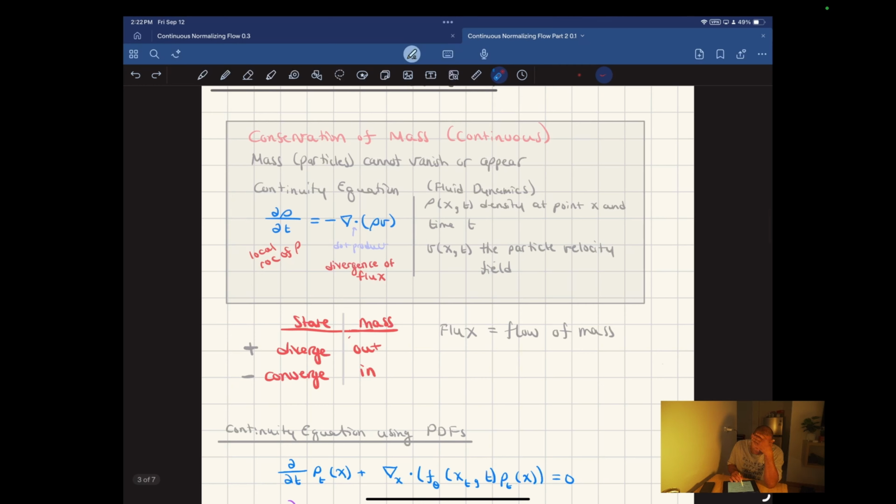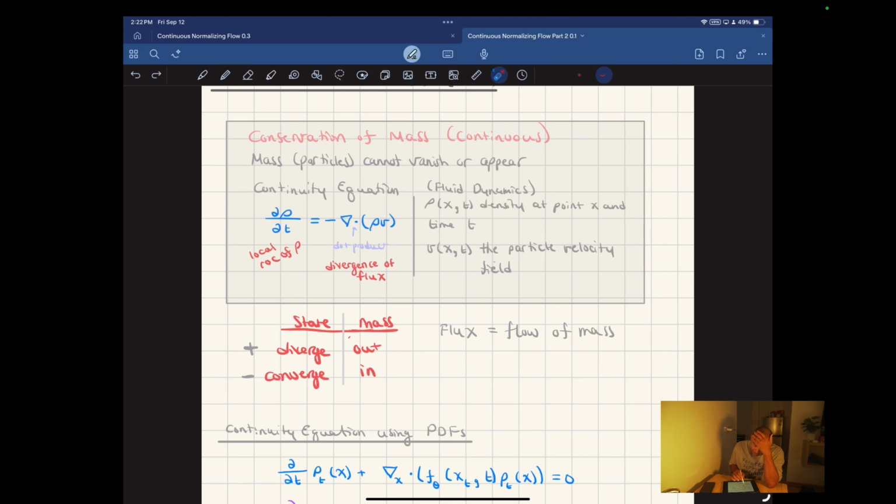So if you think about it, the right side of this equation is called the divergence of flux, right? It's describing the flow of mass. You have velocity times density, which you can think of as the flow of mass, right? And if the entire thing, including the negative, evaluates to be negative, that means it's in a state of negative divergence, which is a state of convergence, which means mass is flowing in, right?